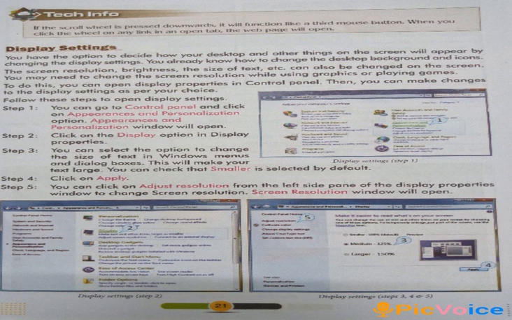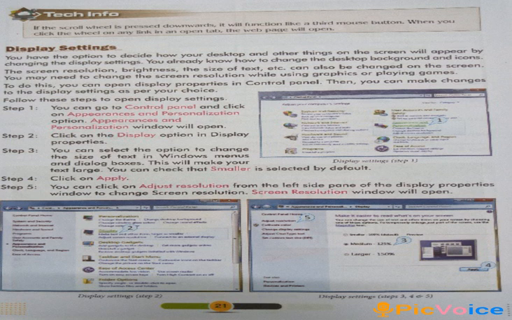Follow these steps to open display settings. Step 1. You can go to Control Panel and click on Appearance and Personalization option. Appearance and Personalization window will open. Step 2. Click on the Display option in Display Properties. Step 3.